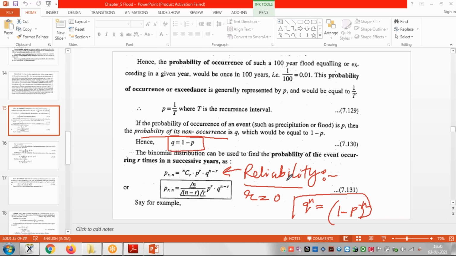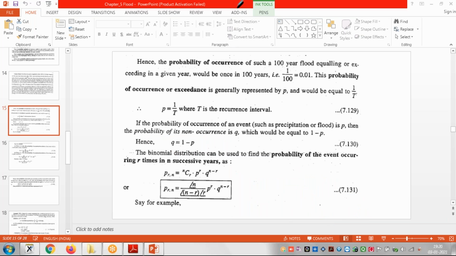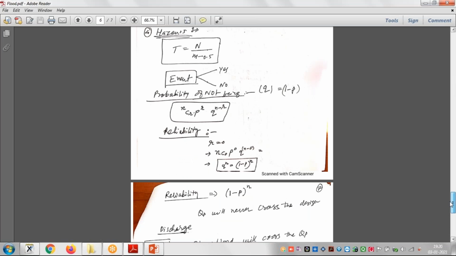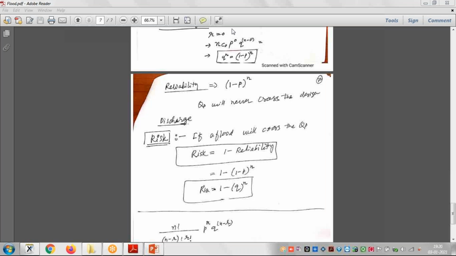If I put the value of r equal to 0, I will get one formula, and you should remember it: the formula for reliability is 1 minus p raised to the power N.